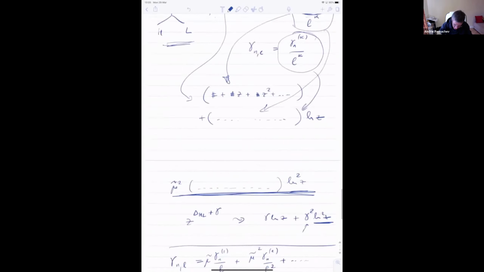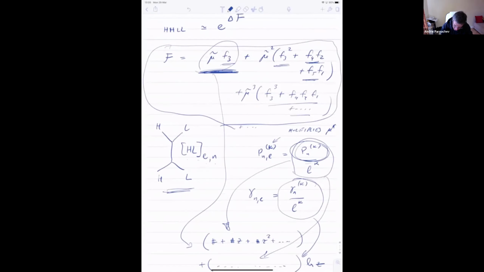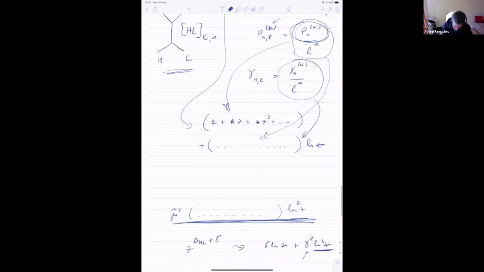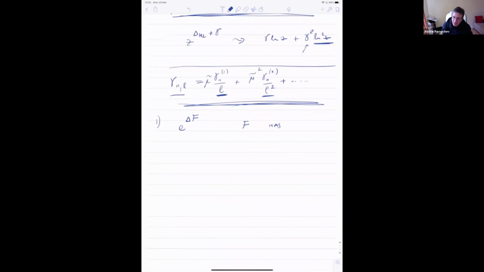So these coefficients that appear in front of f3, f4, f2 are now delta dependent. So it's a big difference between the 2 dimensions and the 4 dimensions. So the coefficients that appear in f are going to be delta dependent, but it has a finite limit as delta goes to infinity.